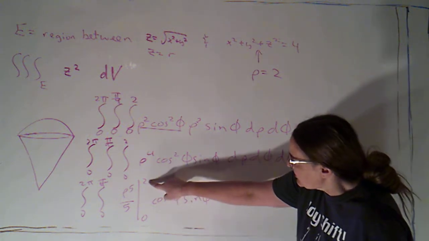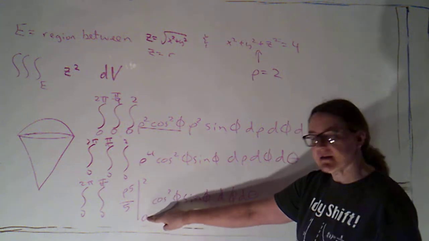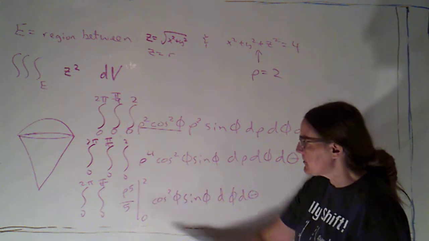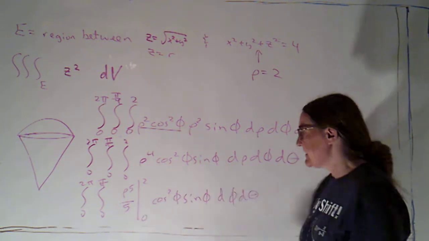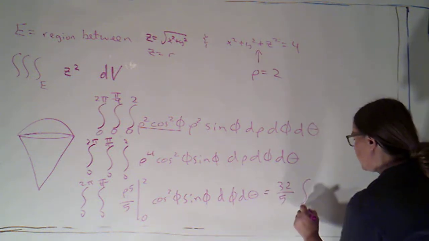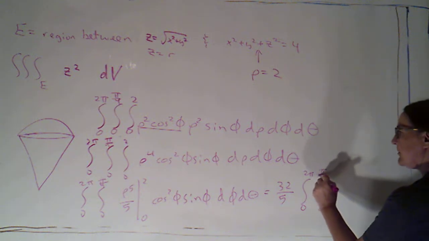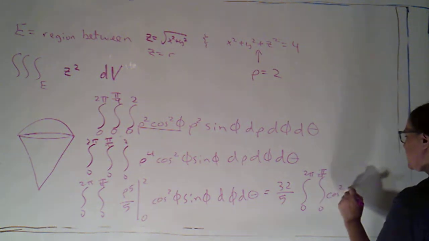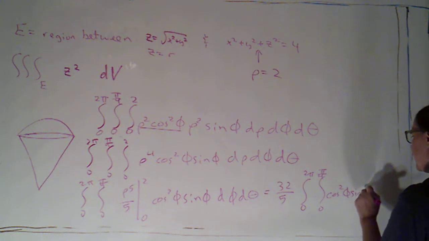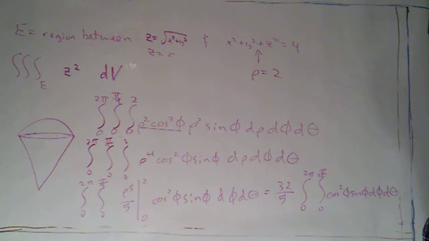So let's see, when I plug in 2, I'm going to get 32 over 5. When I plug in 0, I'm just going to get 0. So this becomes 32 fifths. That's a constant, so I'm going to pull it out. So 32 fifths, integral from 0 to 2 pi, integral from 0 to pi over 4, cosine squared phi, sine phi, d phi, d theta.